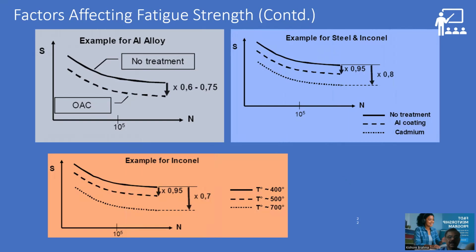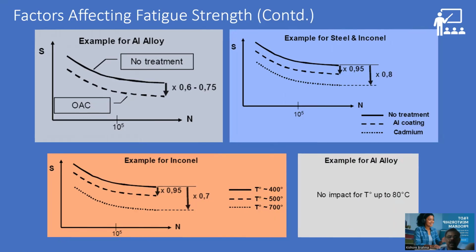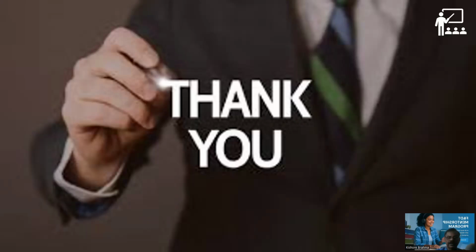But when it comes to temperature, if the temperature is beyond 400, to 500 or 700, there will be a reduction in the SN curve or fatigue life. But luckily, there is no temperature effect till 80 degrees centigrade. So, thank you for your patience in hearing.